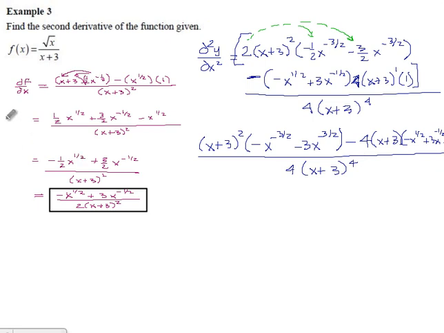See anything else we can do? Both of these terms contain x plus 3's. We could divide one of those out. That would be a small improvement. We could distribute this minus 4 through that set of brackets. And there may not be too much else. But let's do those steps at least. If we divide everything by x plus 3, one of these x plus 3's goes. There's still one left.